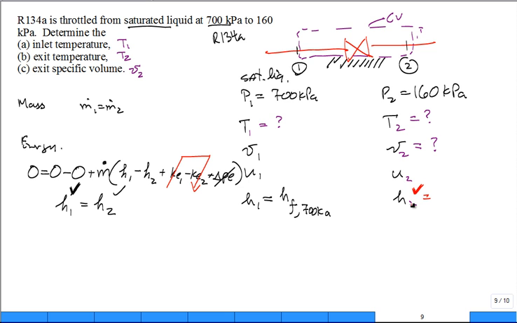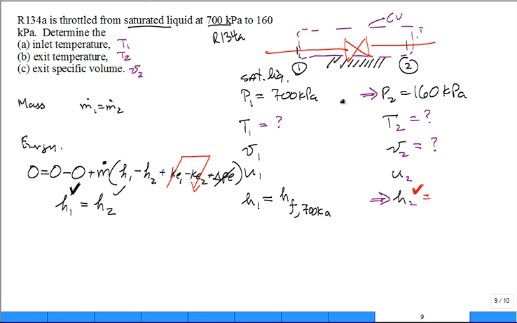Do I now know 2 independent, intensive properties at state 2? They are this one and that one: pressure and enthalpy. Oh, this is brand new for you. Your brain is probably hurting.